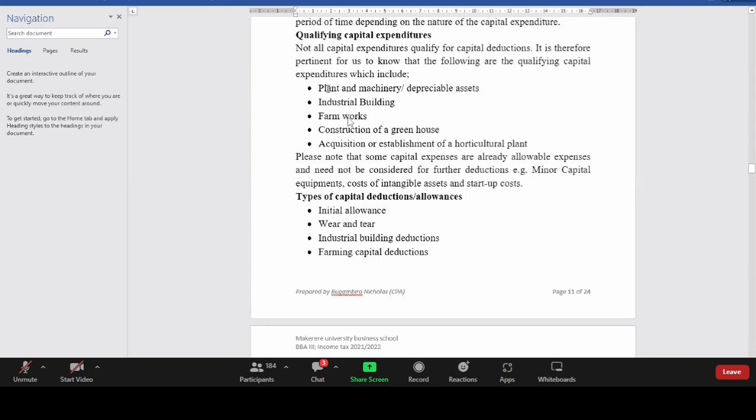They include, one, expenditure if it relates to plant and machinery, provided they are depreciable assets. Land, industrial building. Industrial building can be a commercial building, it can be an approved commercial building, it can be a hotel, it can be mining, etc. Farm works.